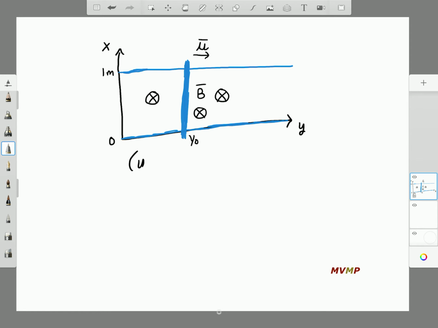So that means that U equals 0 at Y0 equals 2 meters, and the B field is sine 3t az Webers per meter squared.